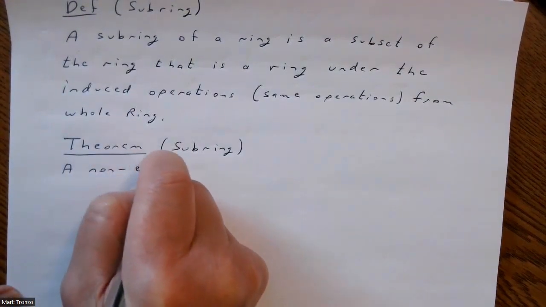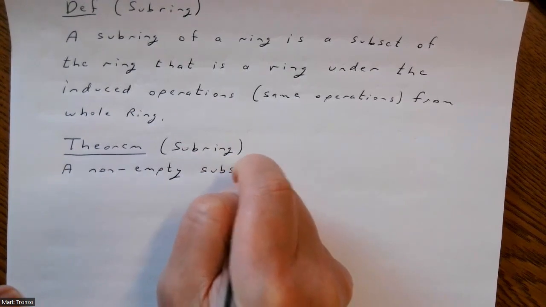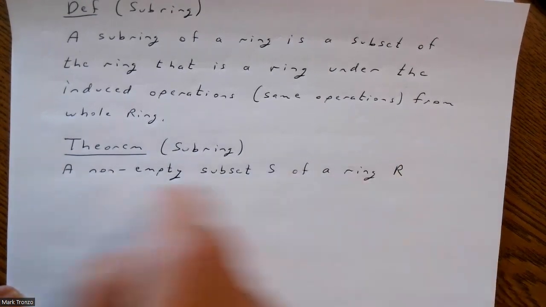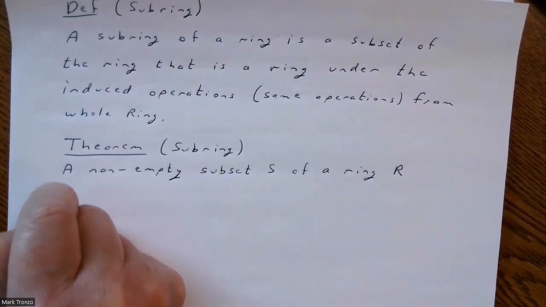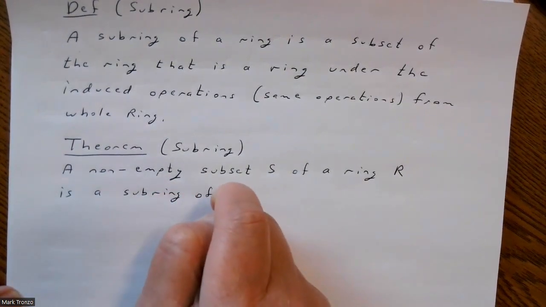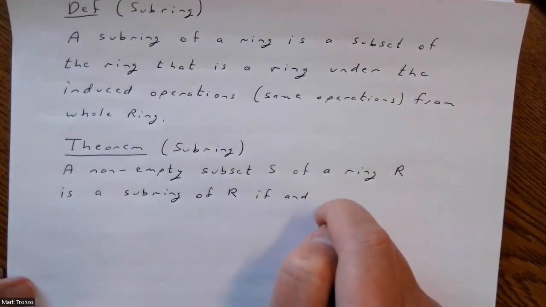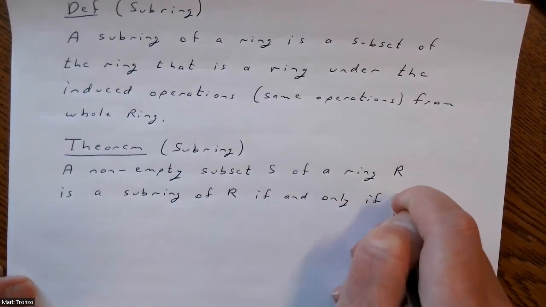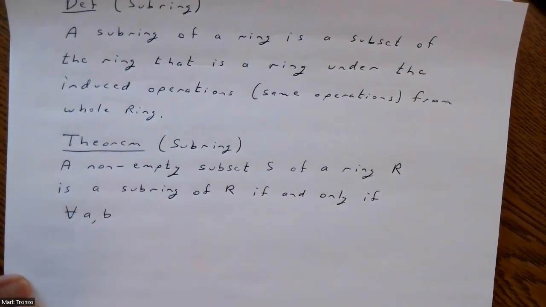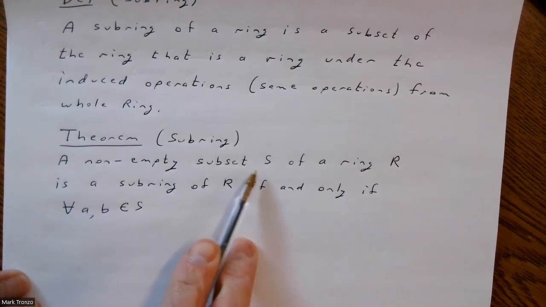A non-empty subset S of a ring R is a subring of R if and only if for all A, B in S. So again, we have a non-empty subset of a ring.